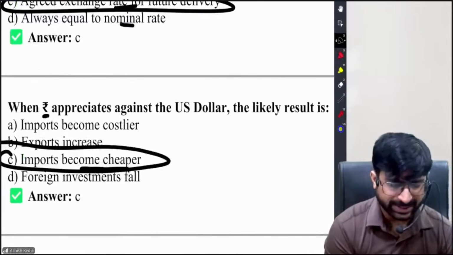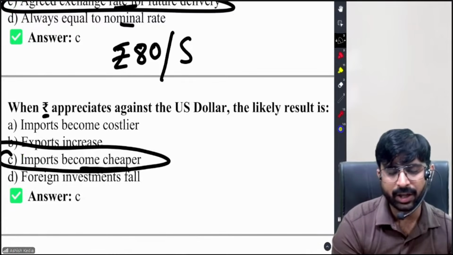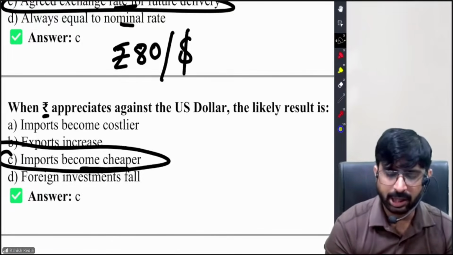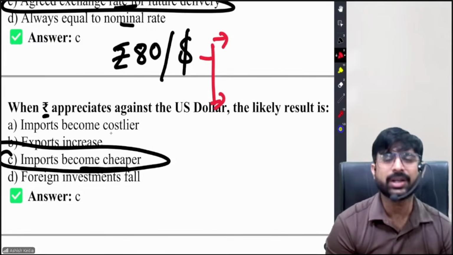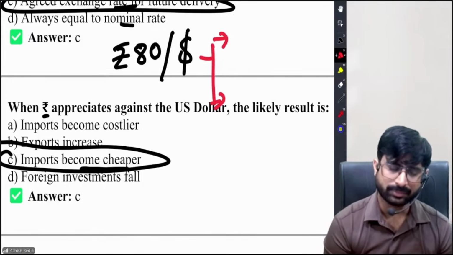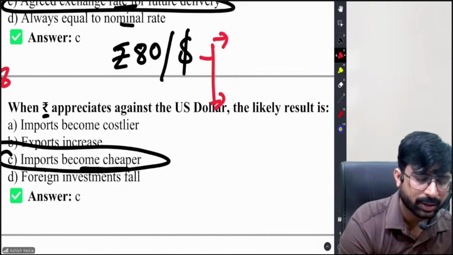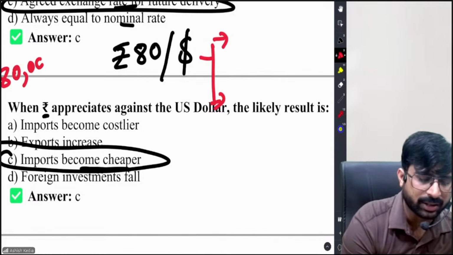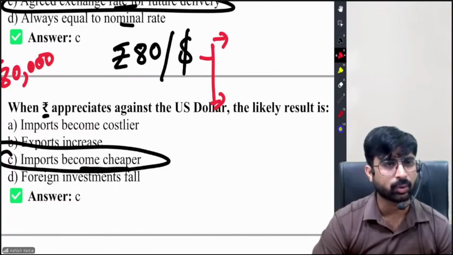Do you want to see the example here? Let me explain this through an example one more time. Suppose it's rupee 80 per dollar. Any product in India is worth, say, rupees 80,000. Price of a commodity in India is rupees 80,000.